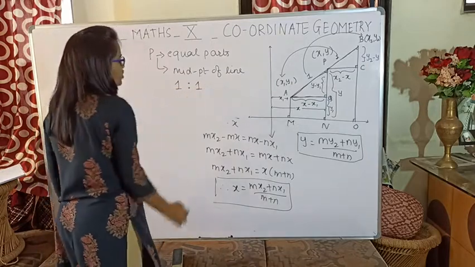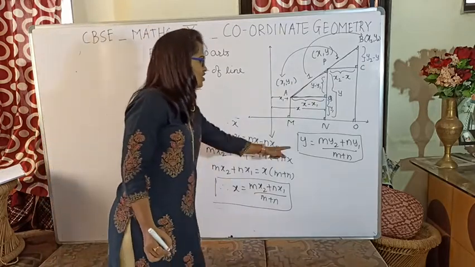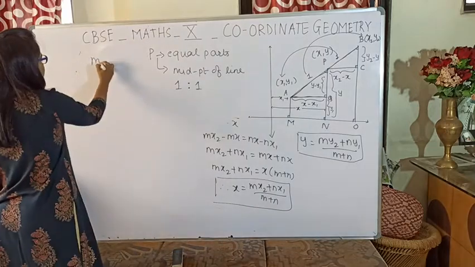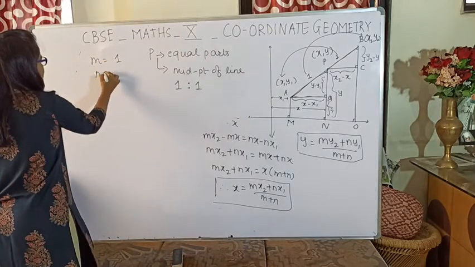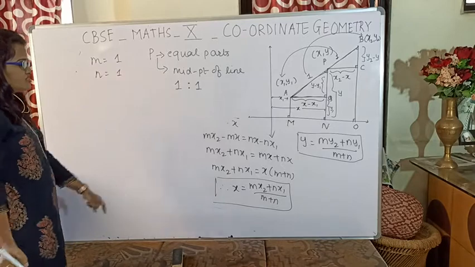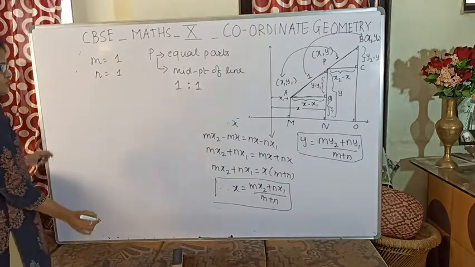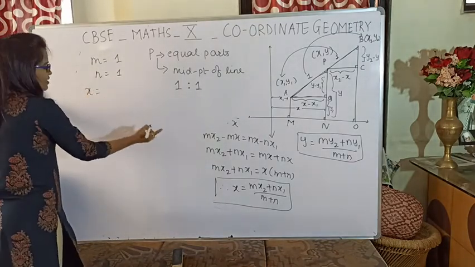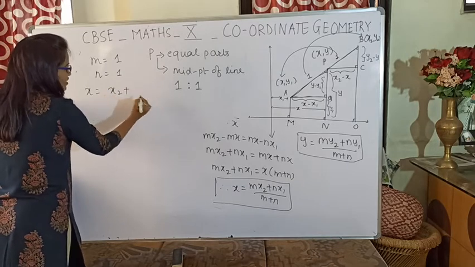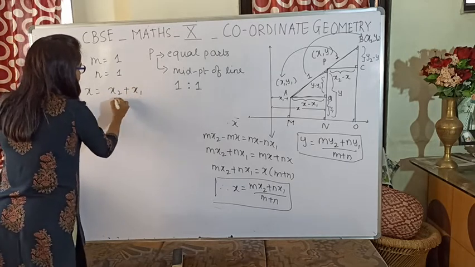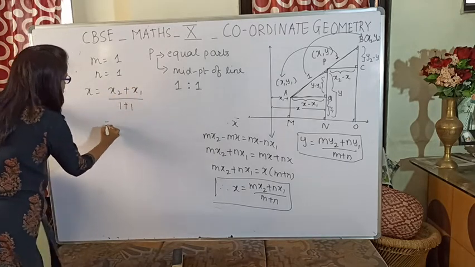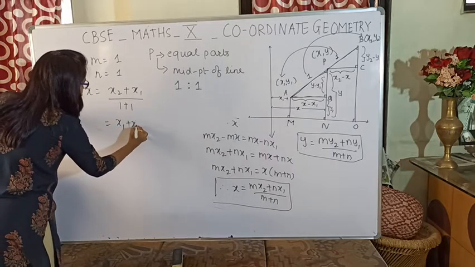1:1. So what change will happen in your formula? Now the value of m will be 1, whereas the value of n will also be 1. So just change the values. So x will be what? My 1 into x2 is x2 plus 1 into x1 is x1 divided by 1 plus 1, which gives me x1 plus x2 divided by 2.